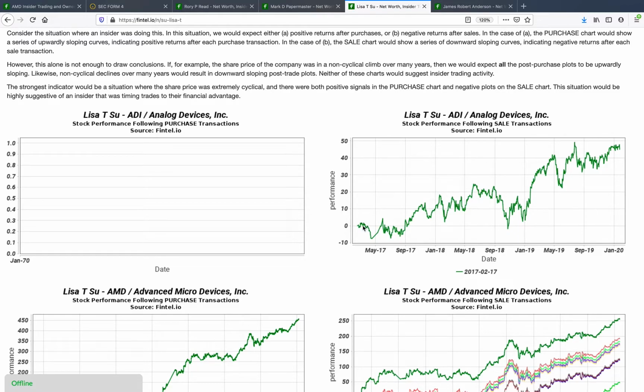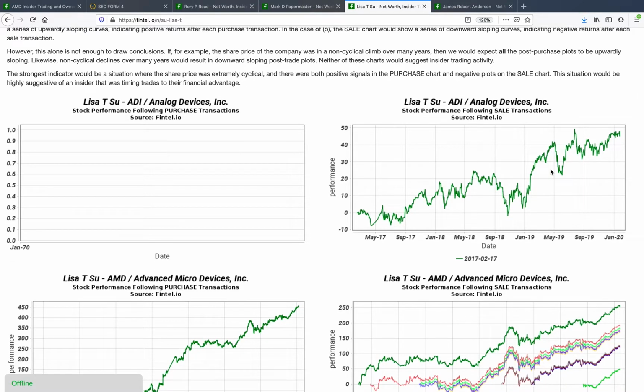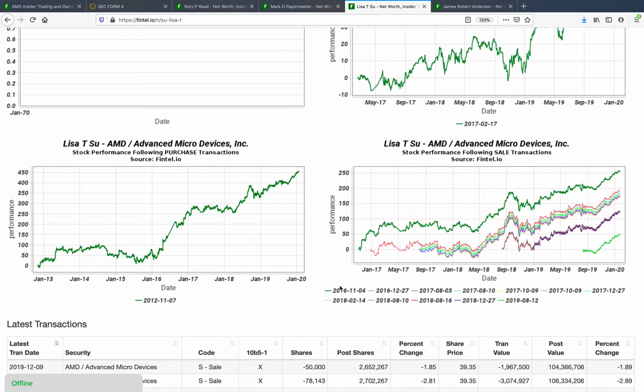After that sale, the share price dropped about 10% in the weeks following, but subsequently, in the following years, it has continued to climb significantly, up almost 50% three years later. The AMD performance is similar.